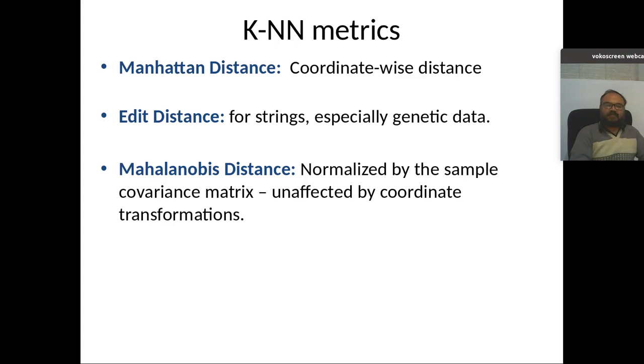Some other similarity metrics are Manhattan distance, which is coordinate-wise distance. Then we have edit distance, which is again used for strings. It's specifically used in genetic data. Then we have Mahalanobis distance, which is normalized by the sample covariance matrix, and that's why it's unaffected by coordinate transformations.